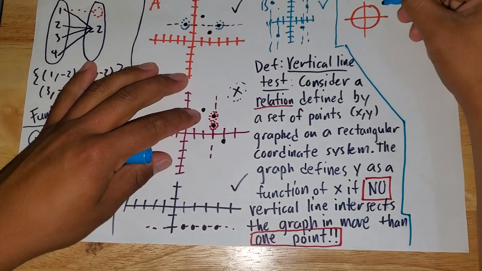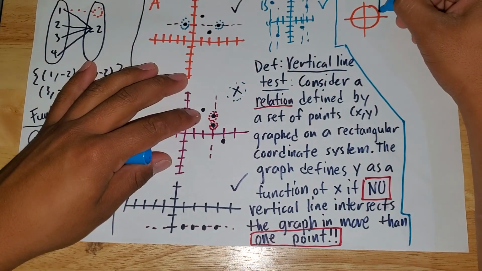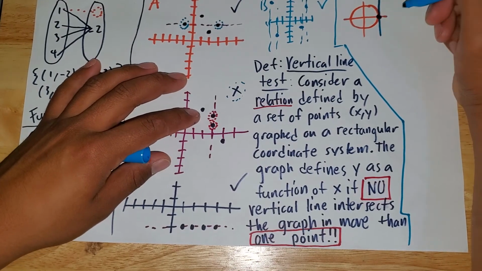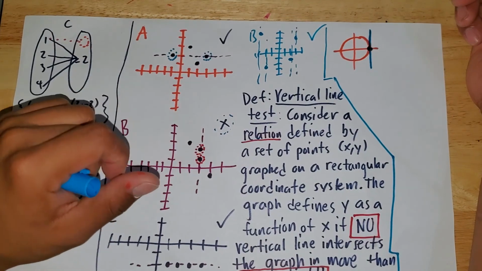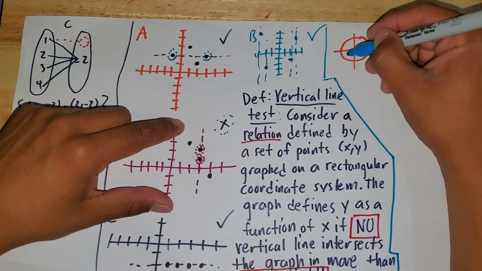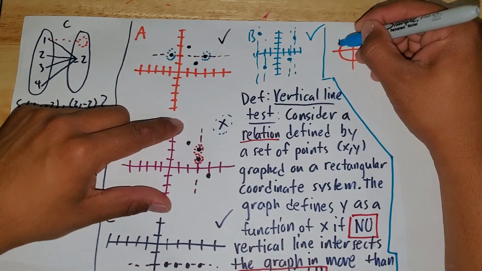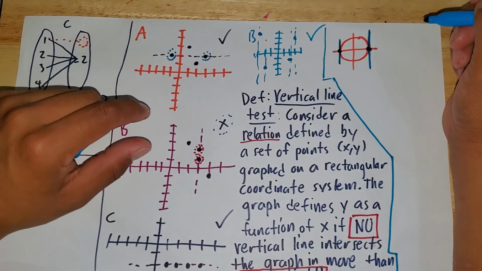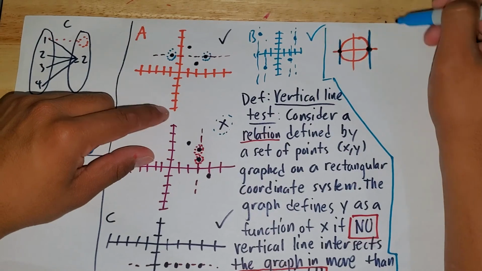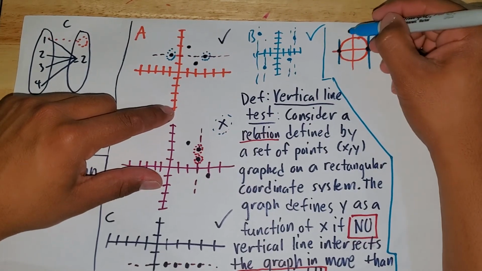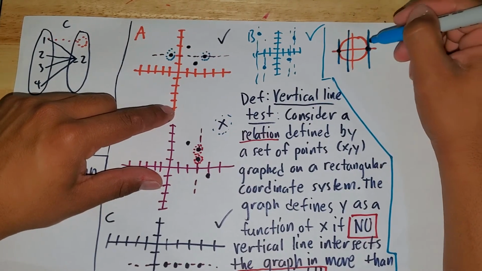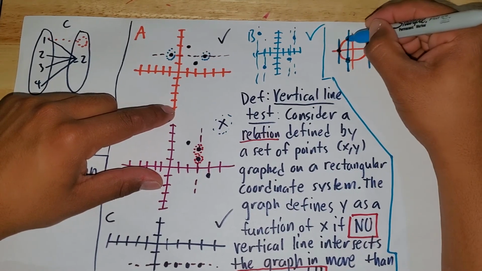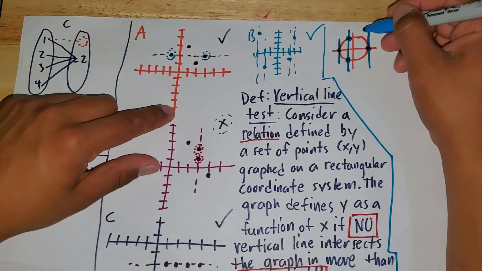Because if I make a line right on the edge of that circle, it might seem, well, look, I only intersected it once, hence it is a function. Same thing if I do it right on the left edge. But I'm not trying to make the graph pass. I'm trying to see where I can make the graph fail. And here, that's where this fails.